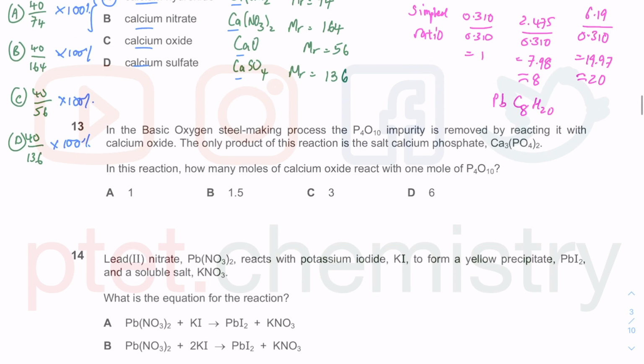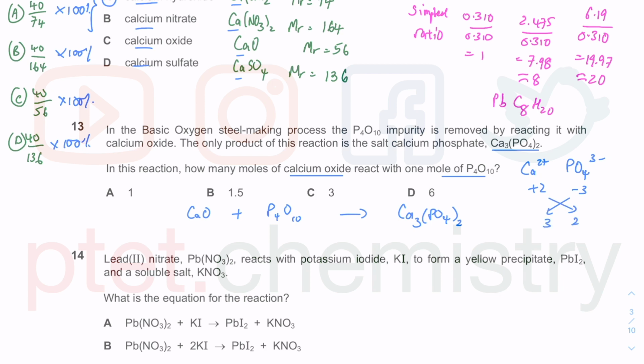Question 13 is about a balancing equation. Calcium oxide reacts with P4O10, and you're going to get calcium phosphate according to the question, which you can read because there's calcium 2+ ion, group 2. Phosphate is PO4 3-, and as such you need 3 of these and 2 of these, because as mentioned in the previous question again and again, you should be able to do lowest common multiple of primary school mathematics.